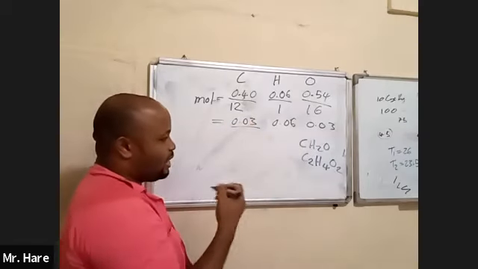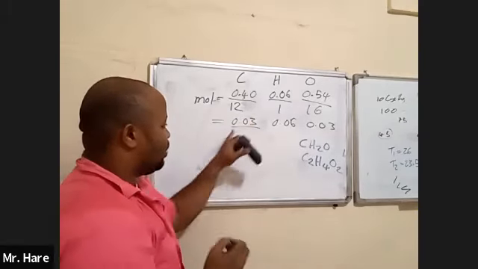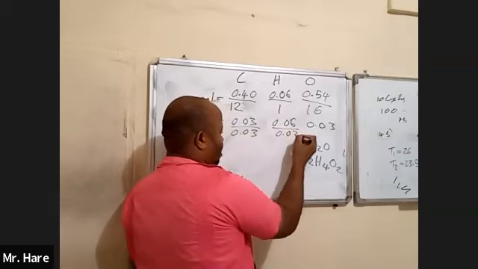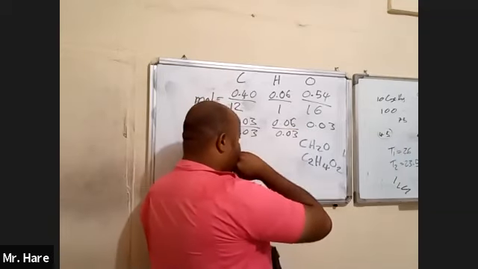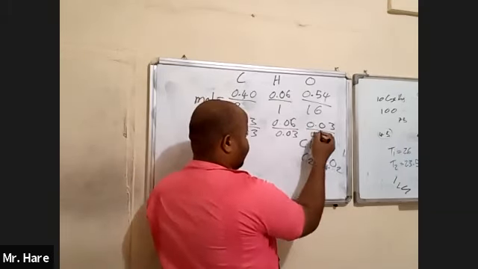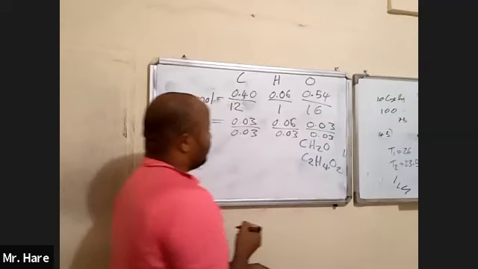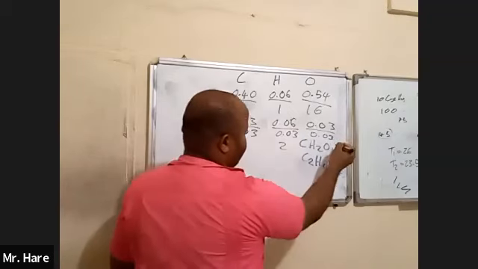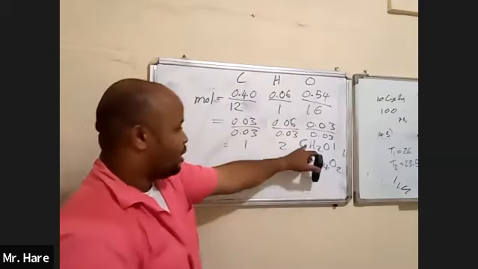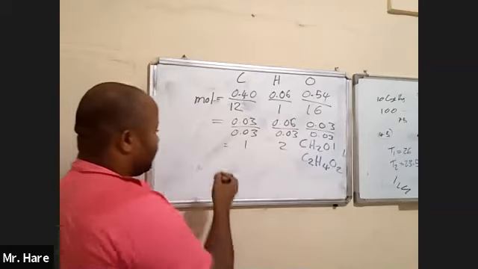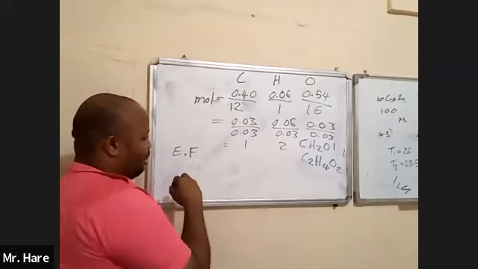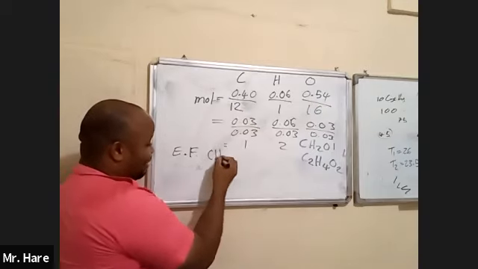We divide by the smallest number, which is 0.03. So this divided by that is 1, this is 2, and this is 1. So you are correct. The empirical formula is CH2O.